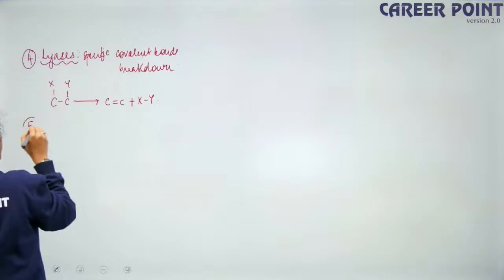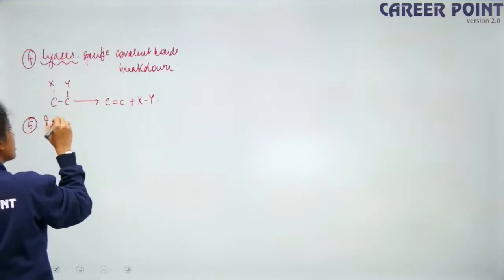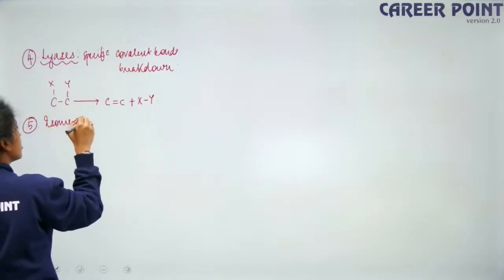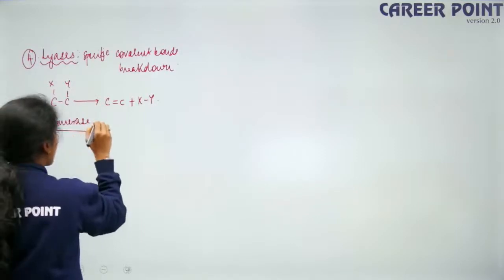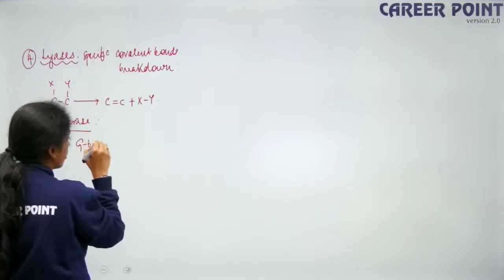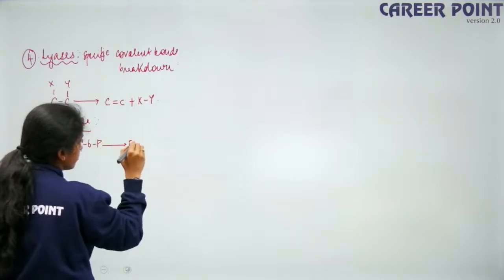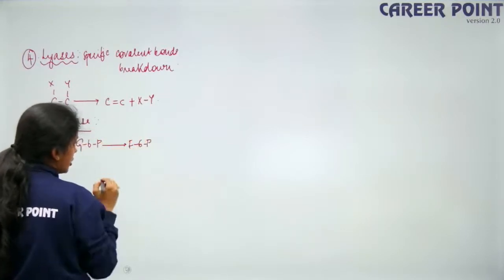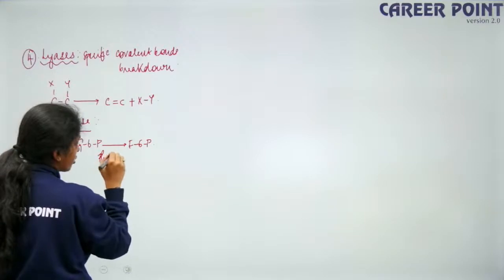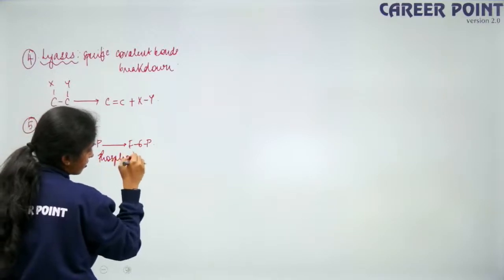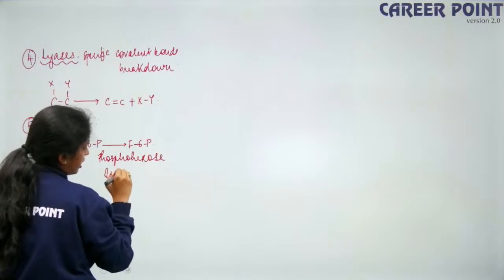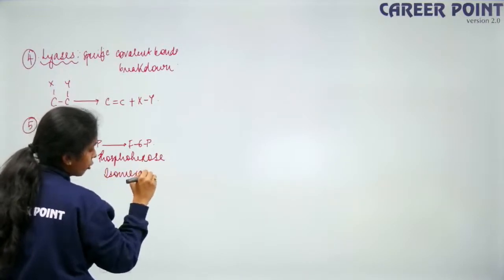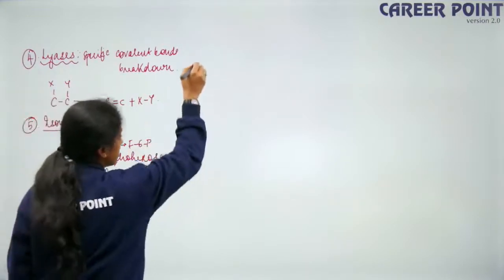Number 5, you have your isomerases. This is based on the specific position or rearrangement. You have glucose 6-phosphate to fructose 6-phosphate. Here you have your phosphohexose isomerase. They have the same number of carbons, glucose and fructose, but the arrangement is different.